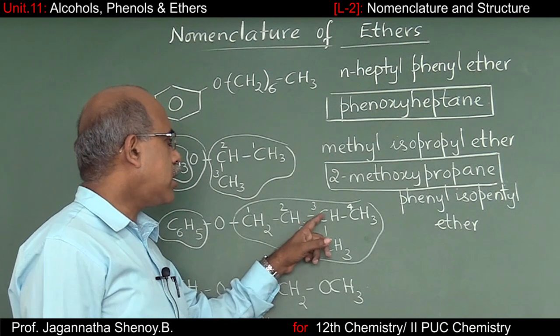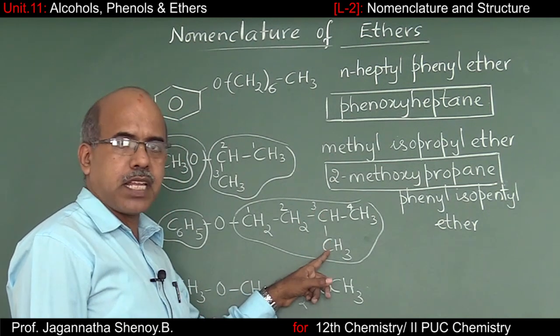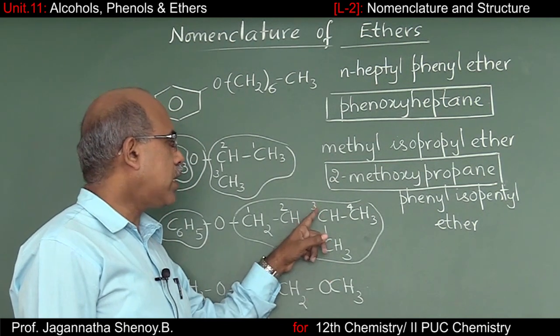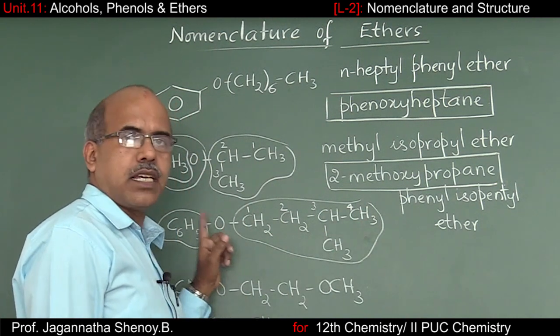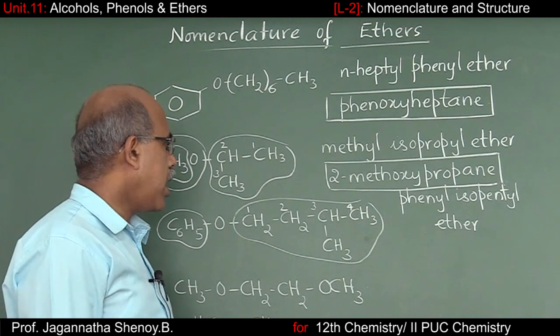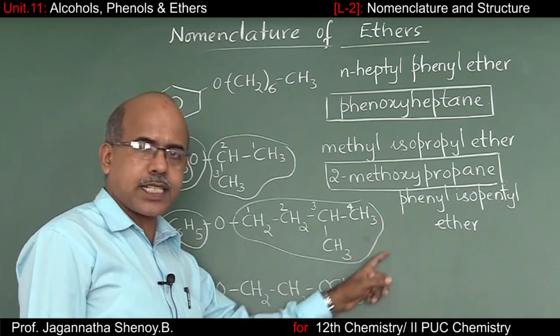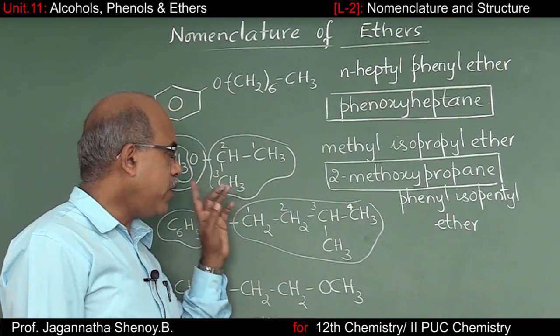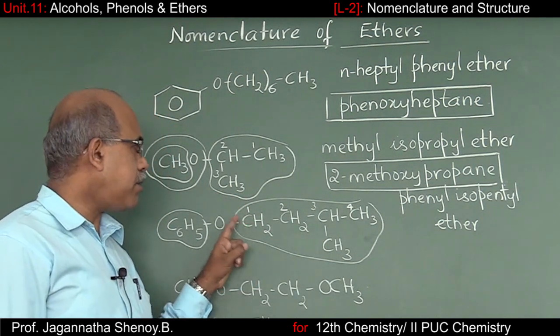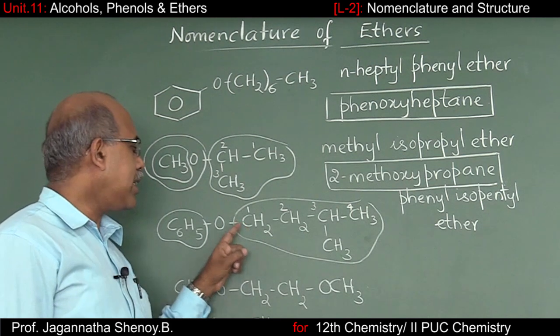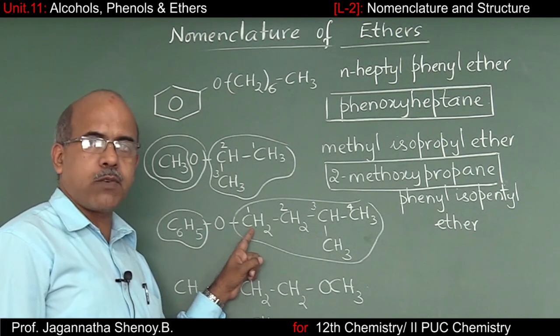You see, on the third carbon atom, we have a methyl group. So it's a 3-methylbutyloxy benzene. I repeat, this is a complex side chain. How do we name the complex side chain? We have to number the carbon atom of the complex side chain connected to the functional group as number 1.